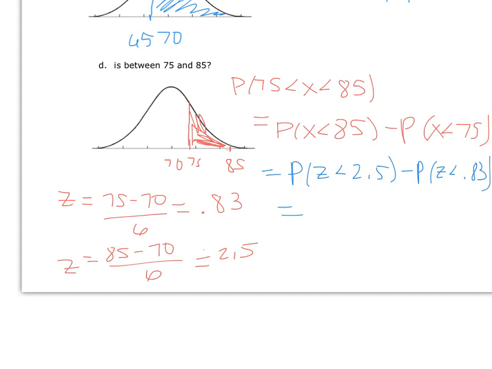From the online tool, we find that the probability that it's less than 2.5 is 0.9938, and the probability that z is less than 0.83 is 0.7967. And doing the subtraction, we get the probability of 0.1971.